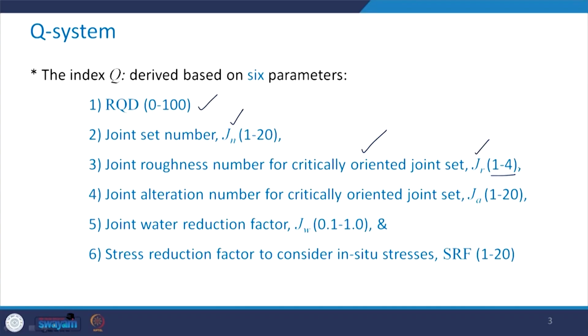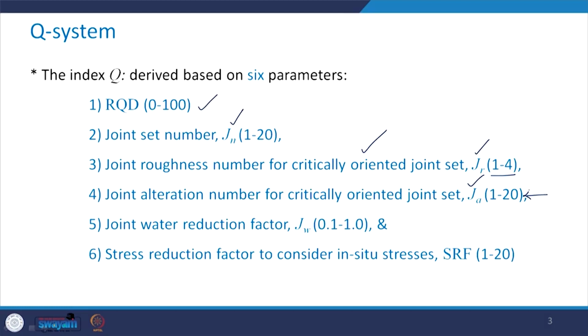The fourth parameter is joint alteration number. Again this is to be taken for the critically oriented joint set. This is denoted by Ja and it can vary between 1 to 20. The fifth one, which is because of the groundwater condition, is called the joint water reduction factor Jw, and the rating of this parameter can vary from 0.1 to 1.